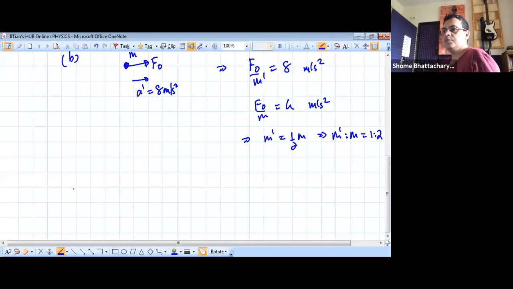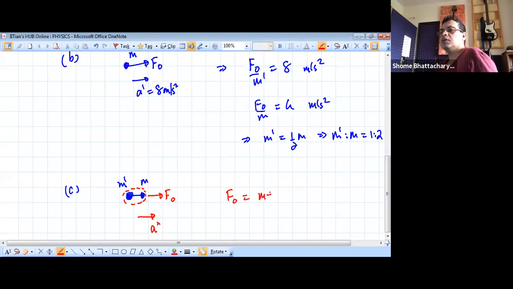And if you tie the two objects together, so let's say you have this situation, m prime and m are tied together, and now you are applying this force F0. Then this whole object will have some acceleration, let's say a double prime. So F0 will become the total mass times a double prime. So that acceleration will become F0 divided by m plus m prime.